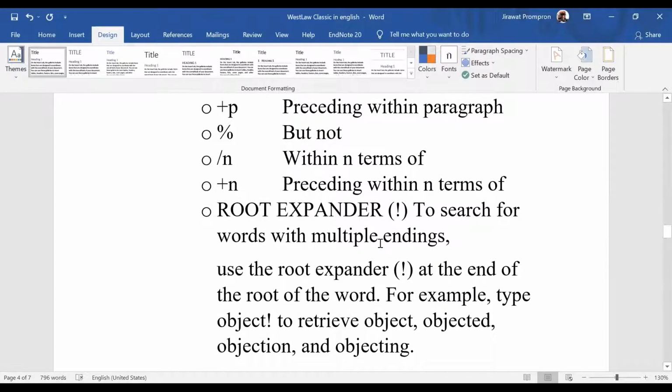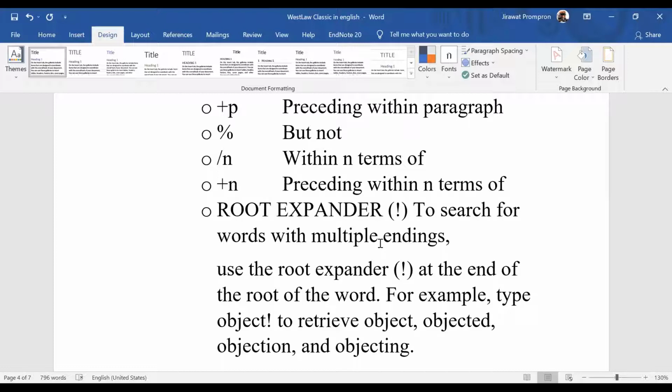Let's do expanders. The people who want to search for the root word, expand it in any form of the word, maybe in ing, ly or something, you just use this one.